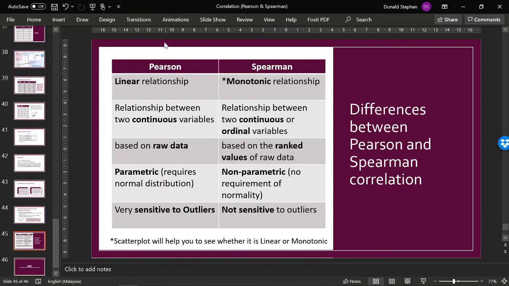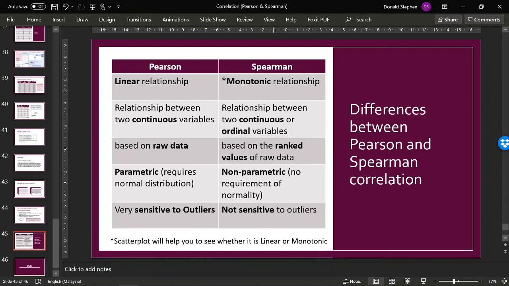That is why in Pearson, one of the assumptions is you should not have significant outliers. But for Spearman, you don't have this assumption, isn't it? And another one, which is the most important thing, is the parametric and non-parametric. Pearson, you need to have normally distributed data. Spearman, you don't have to. Alright. So based on this, you can judge when to use Pearson and when to use Spearman.